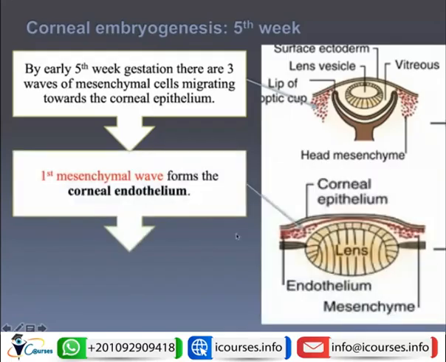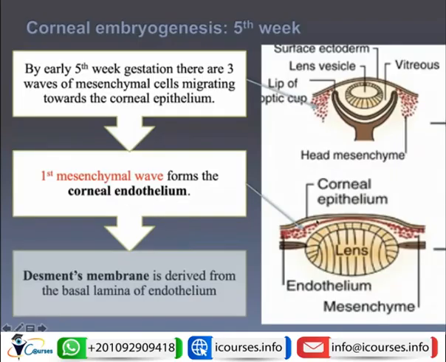The first mesenchymal wave will be situated behind the developing corneal epithelium and the primary stroma, so they will form the corneal endothelium. It will be situated between the lens and the corneal epithelium, as you can see here. Later on, this endothelium will secrete the Descemet membrane, which will be the basal lamina of the endothelium. So this will be the first wave of mesenchymal cells.